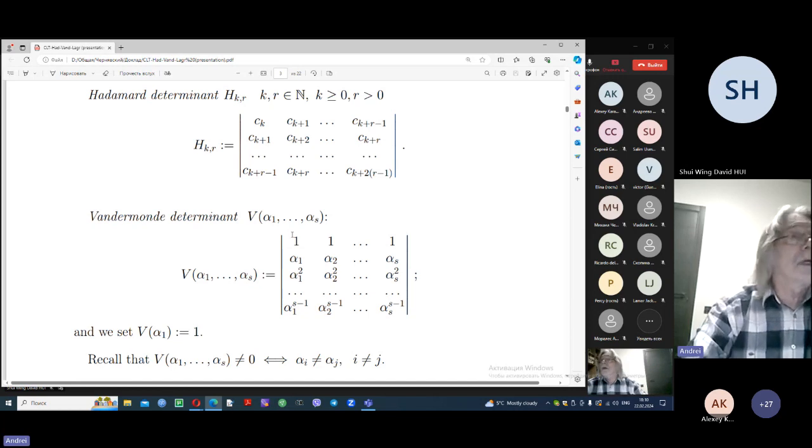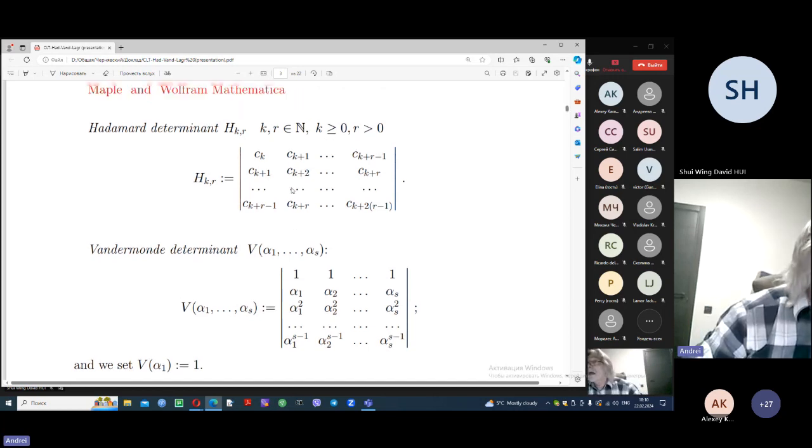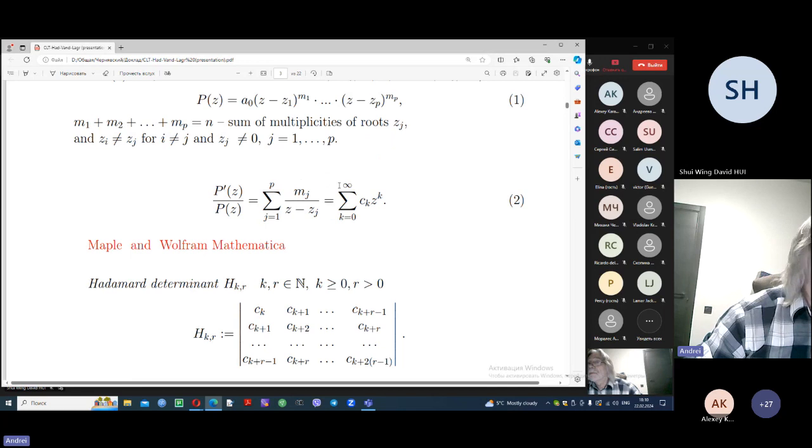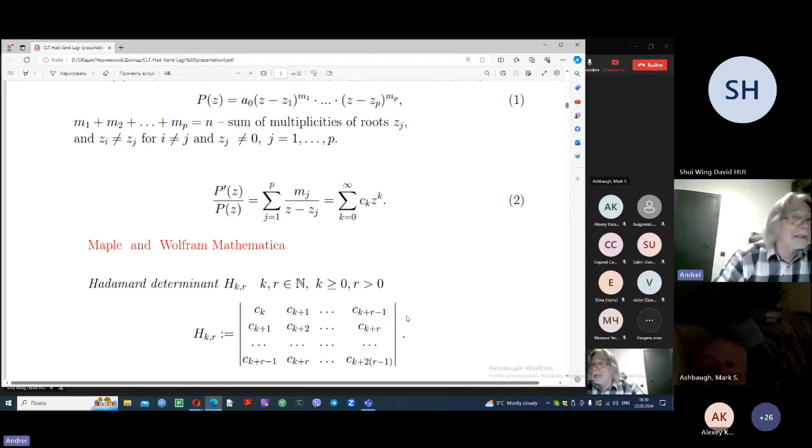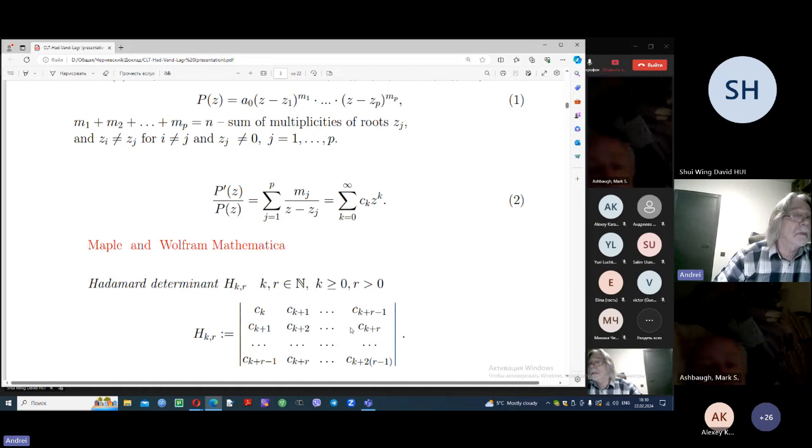I recall that the Hadamard determinant for this series is the corresponding determinant that starts with ck and has r columns or r lines. That's it. And clear what it is.